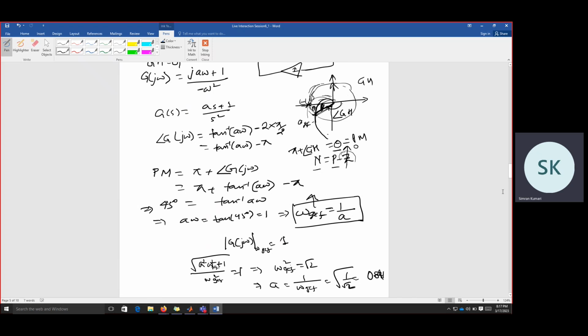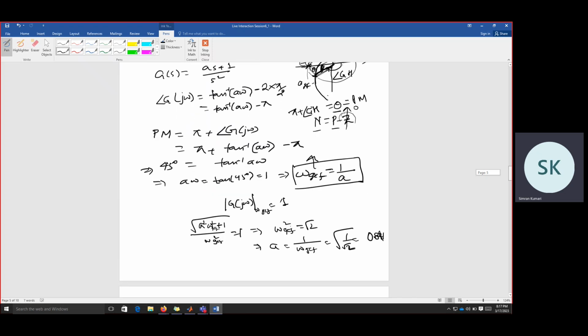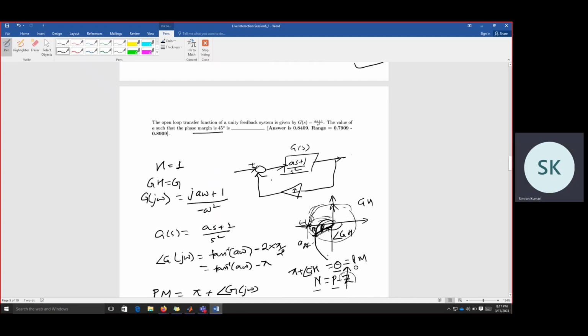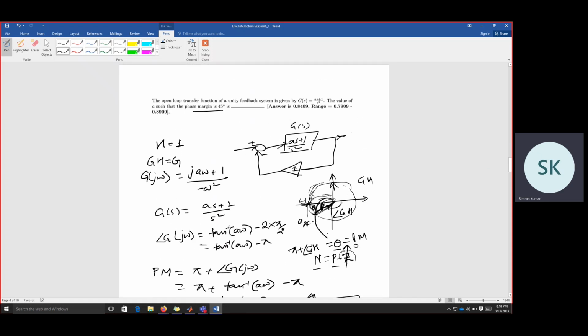Okay, so this is the value of A, for which the phase margin of this closed loop system is 45 degrees. So we can cross check this one also. Let us see if we can validate this using MATLAB. We have this system.